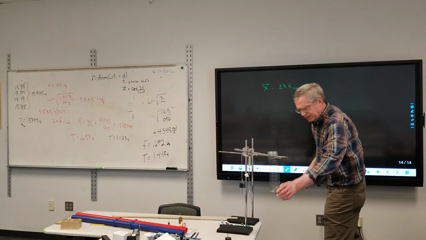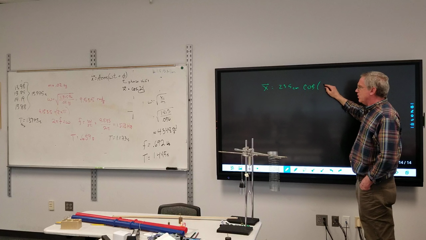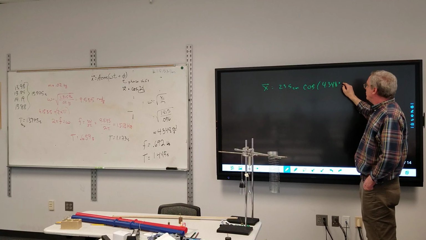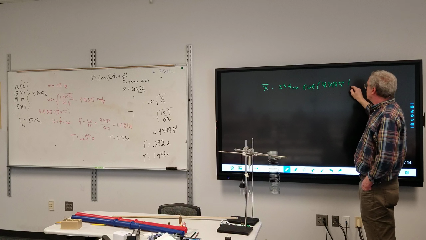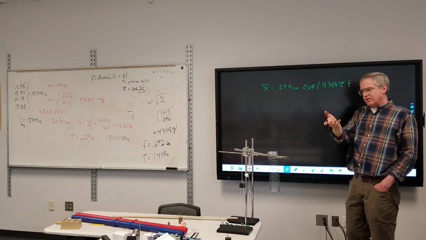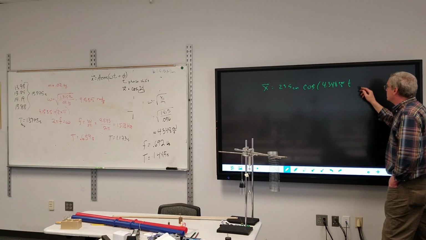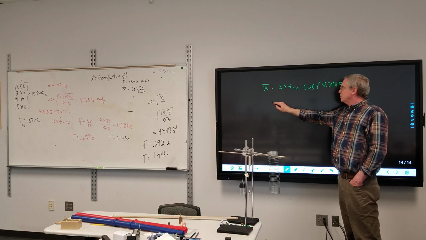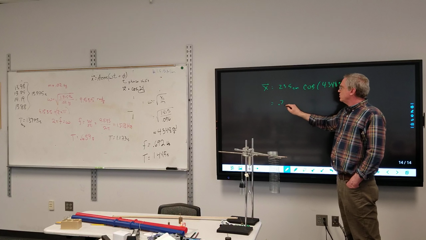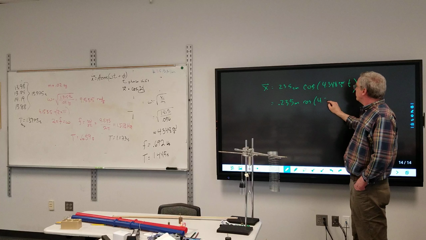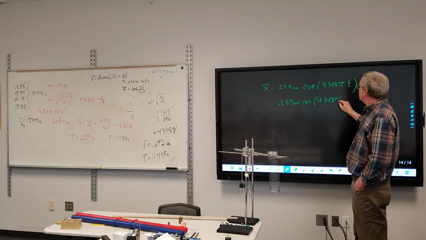If I pushed it up and let go, cosine of omega t, we figured out omega was 4.348 radians per second times time. Phase shift of 0 if we started timing at the point I let go. Meters is so much cooler, so 0.235 meters cosine 4.348 radians per second times time.